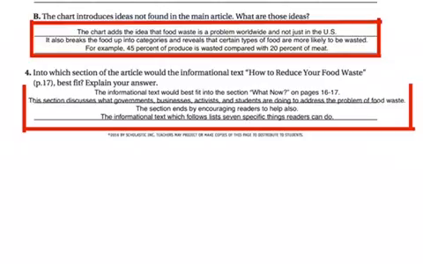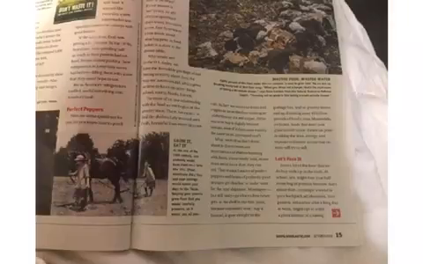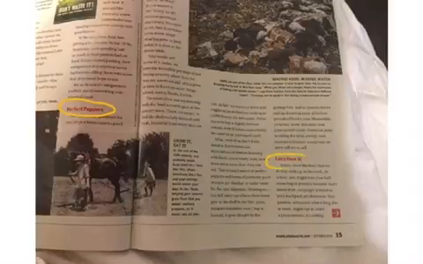So the question is asking, however, which section of the article. That means we have to go and look at the subheads. If you flip back into your magazine, in the article, you're going to see all of the subheadings. Which section would that piece that discusses a solution to the problem belong under?